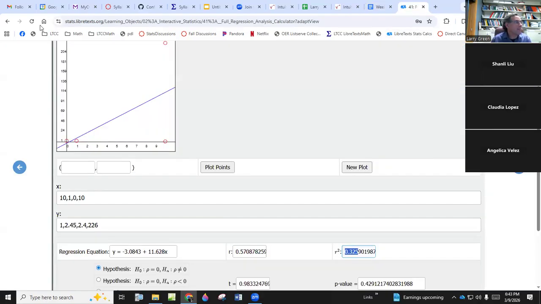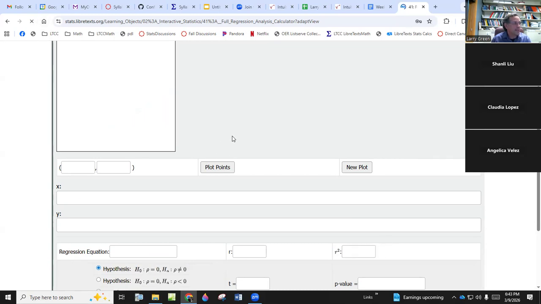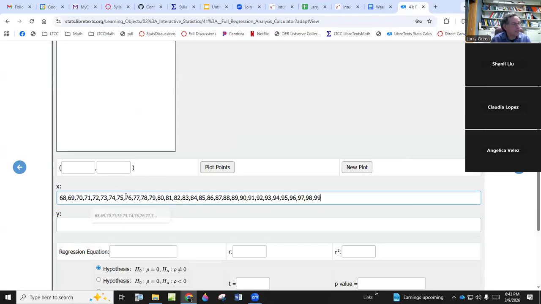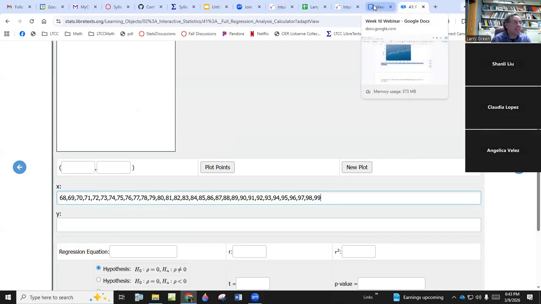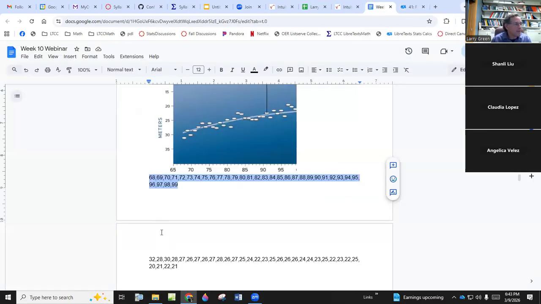So first thing, I'm going to refresh my screen so that I can erase all the data. I'm going to put that in for my X values. X is the year. We call that the independent variable. And then Y will be the depth of lake clarity. You can see in the year 1968, you were able to see 32 meters down, which is a long way down.